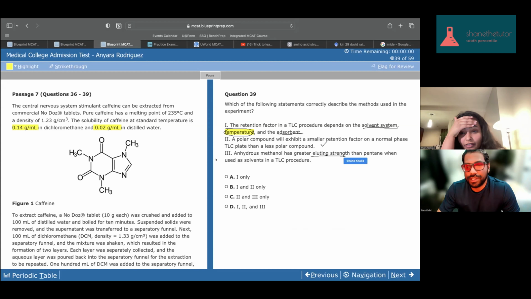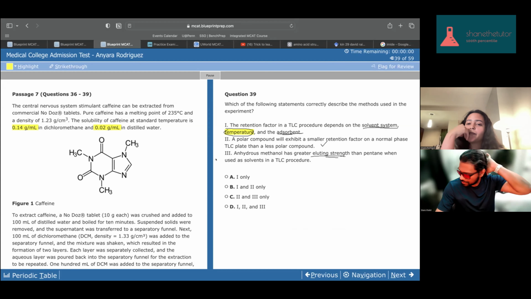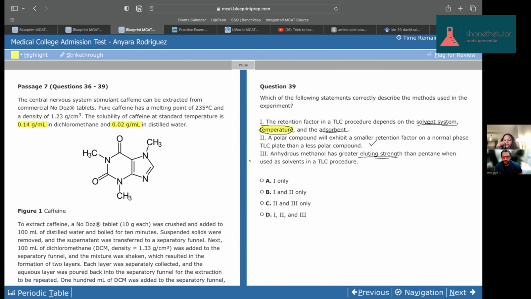Eluting strength is kind of confusing. Yeah, that's kind of a weird word to use here because when I usually think of eluting, I think of something coming out. But for chromatography, the eluting strength will mean essentially how far it goes, I would say.